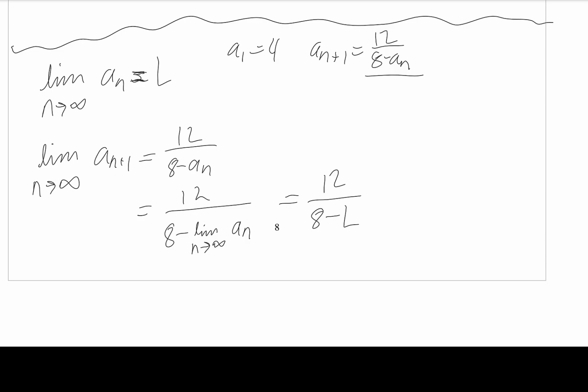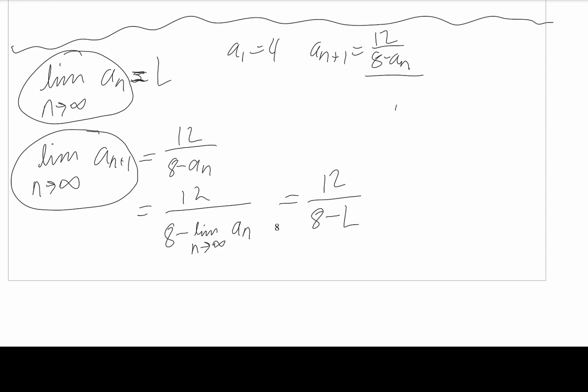Now here's the key thing. The limit of these sequences has to be the same, because the a sub n sequence will be the same as the a sub n plus 1 sequence, except it includes one extra term at the beginning.